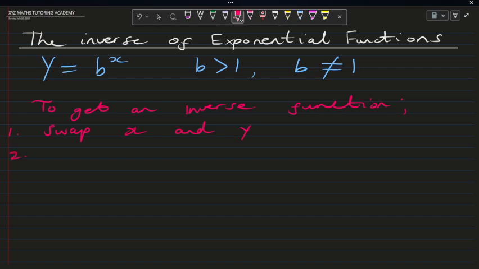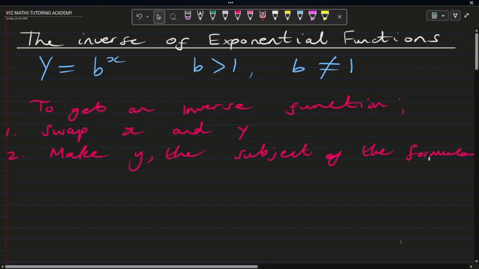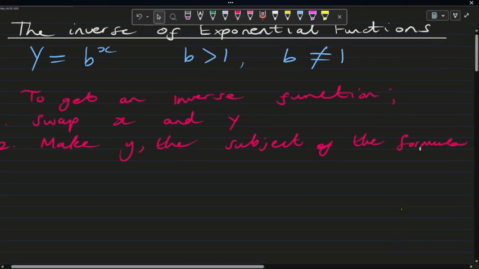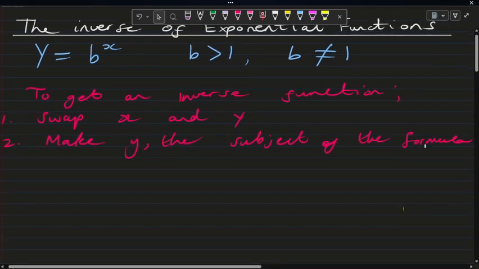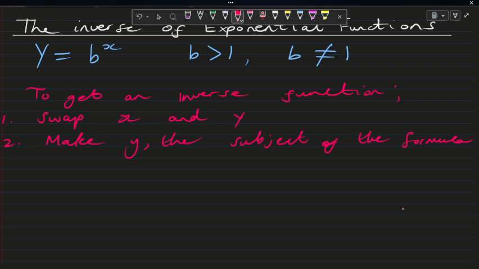Step number two, we need to make y the subject of the formula.